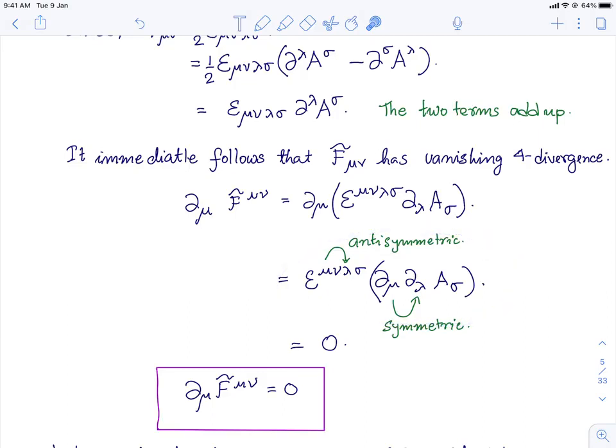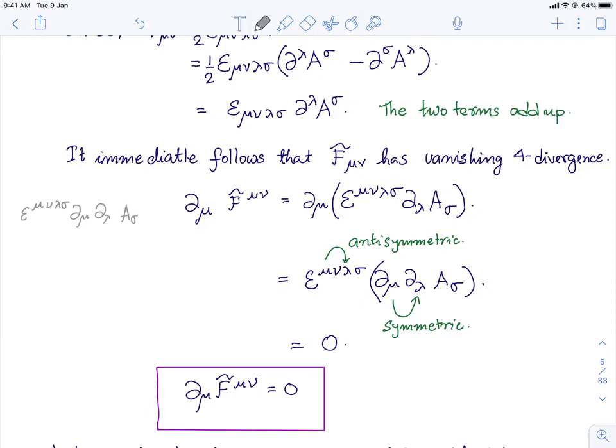Okay, just to make this argument clear, if you are not following, you see what is going on. I have an object which is epsilon mu nu lambda sigma del mu del lambda a sigma, right?